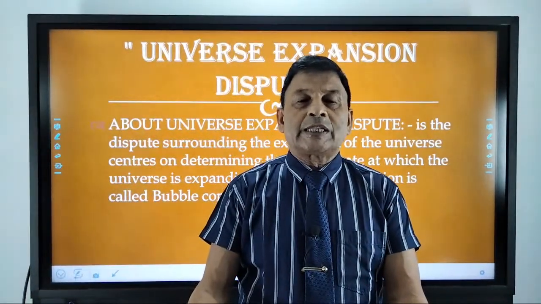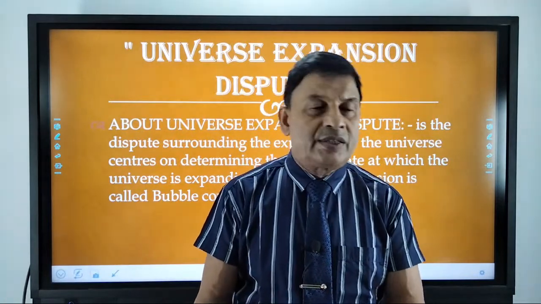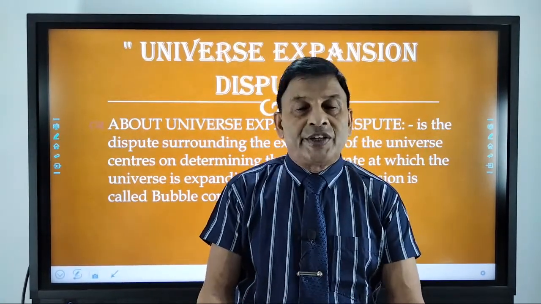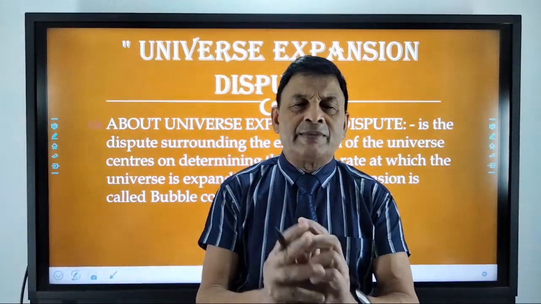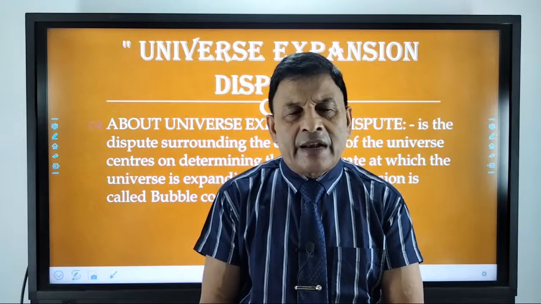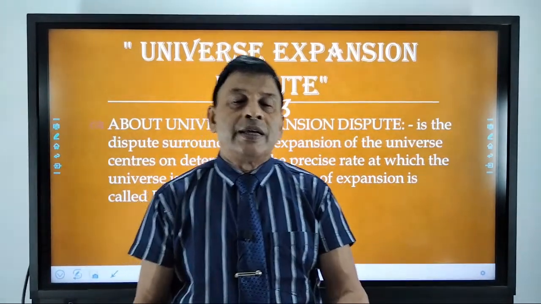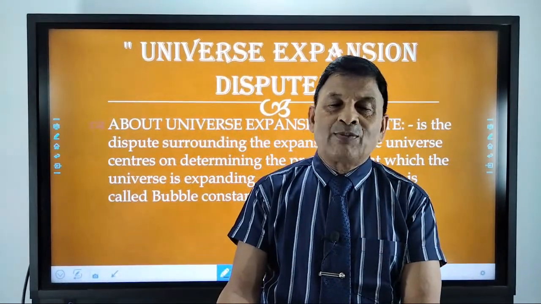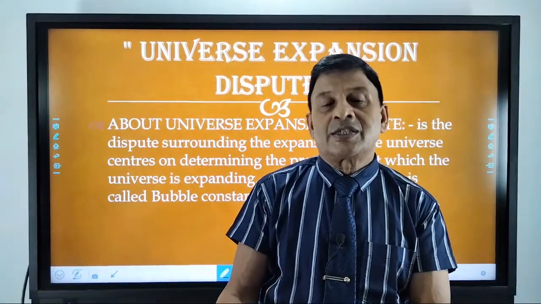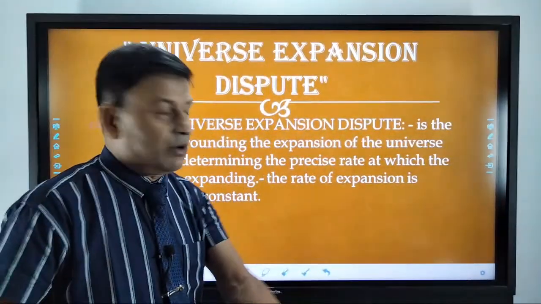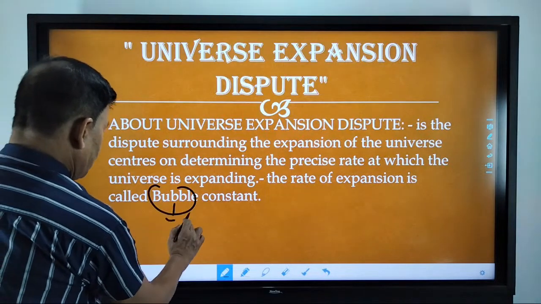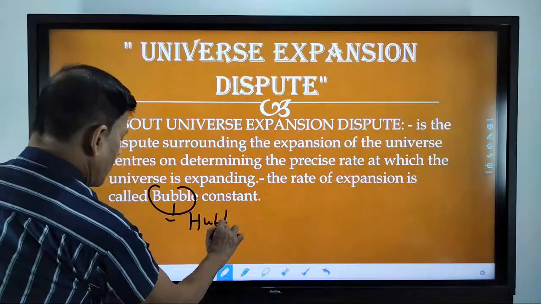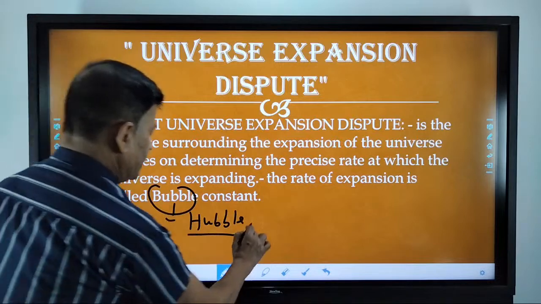About the universe expansion dispute, it's a dispute surrounding the expansion of the universe that centers on determining the precise rate at which the universe is expanding. Next point, the rate of expansion is called the Hubble constant. There is a spelling mistake. There should be Hubble constant.